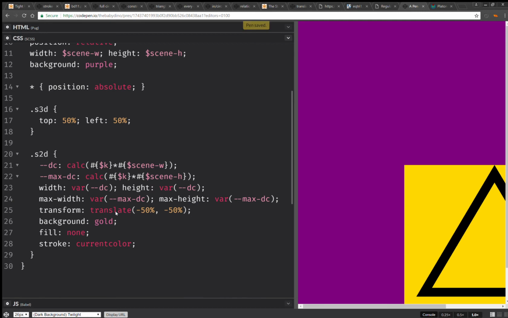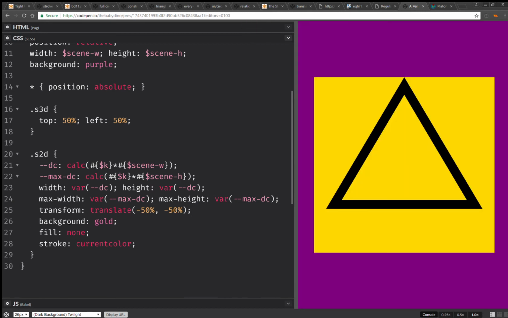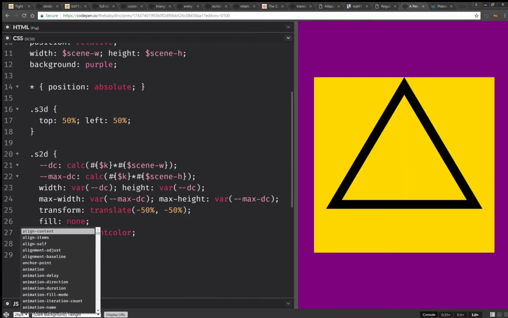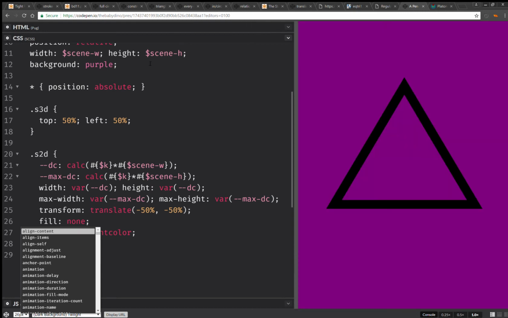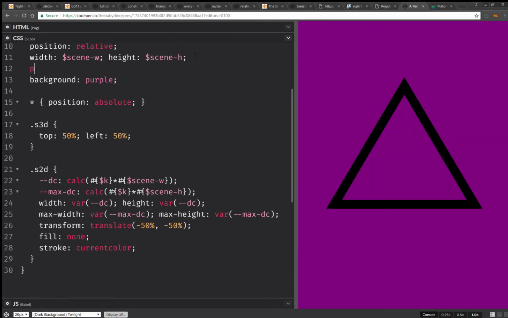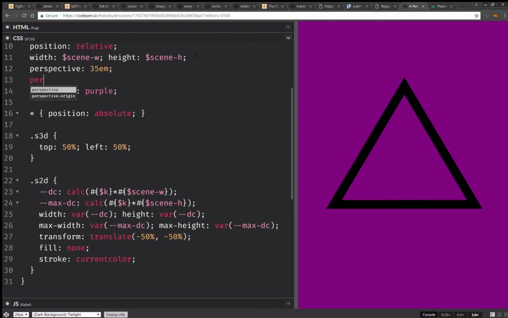So this brings everything right in the middle. Now let's get rid of that background. And we're going to do a few more things here. We're going to set a perspective so that things look 3D. And we're also going to set the perspective origin, which is going to be 50%, let's say something like 43%. That should work.